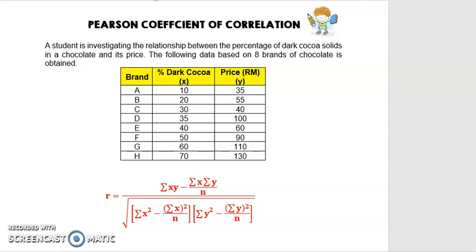The student is investigating the relationship between the percentage of dark cocoa solids in a chocolate and its price. The following data based on 8 brands of chocolate is obtained.